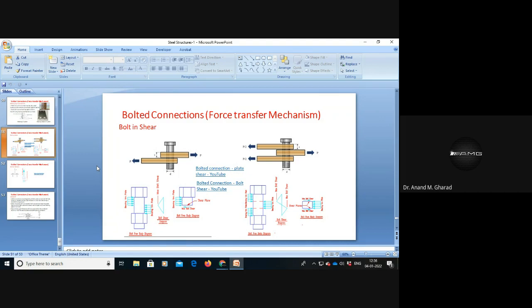So there are four major classifications of cross sections, that is plastic, compact, semi-compact and slender. And this classification completely depends on the behavior of that particular cross section which we are studying. So it is not the shape, it is connected with the behavior of different shapes.